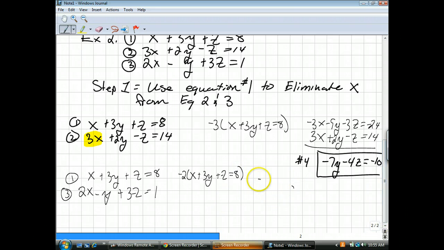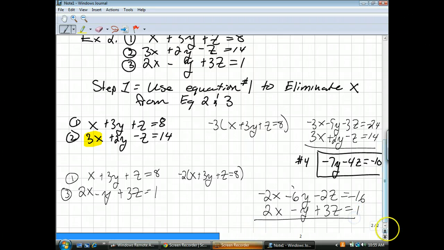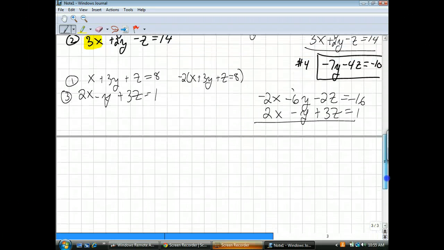So I'm going to get negative 2x minus 6y minus 2z equals negative 16. Then I write equation 3 right under that. Then I add those together.